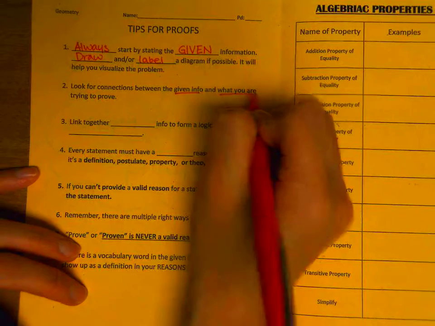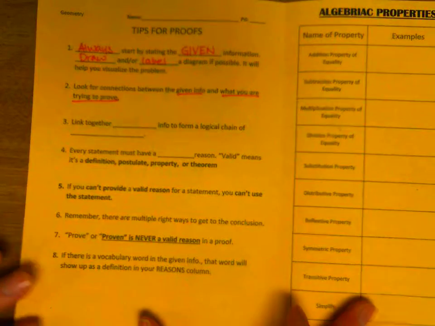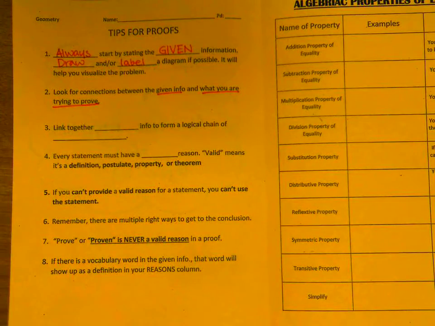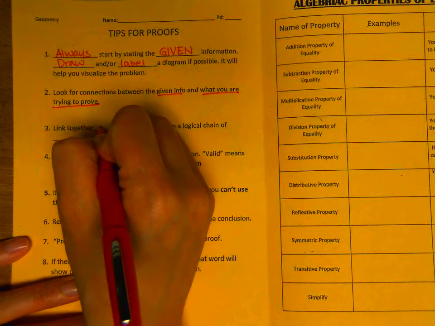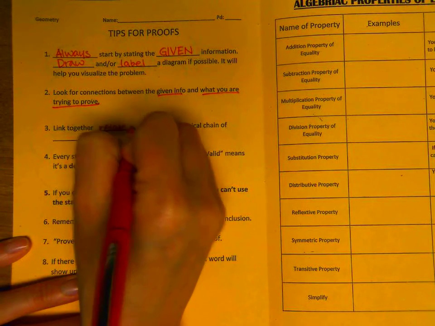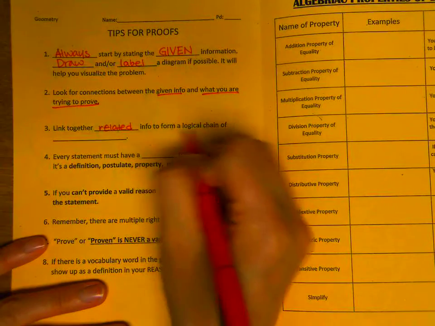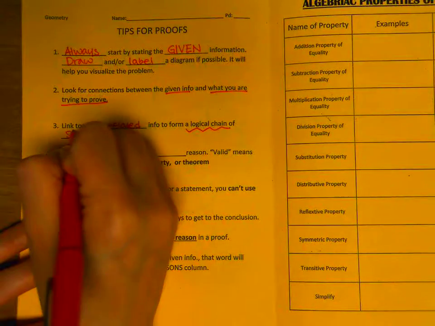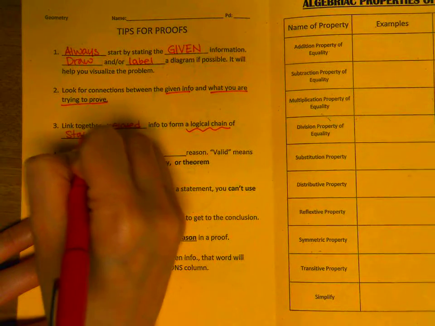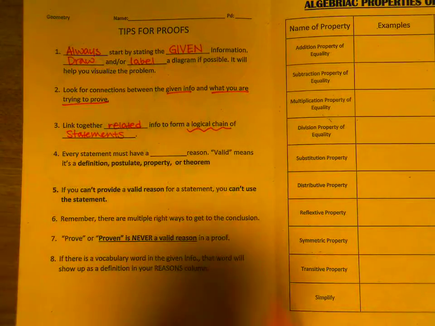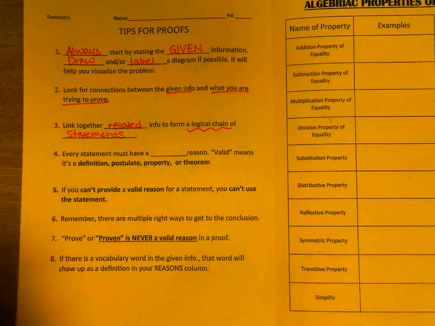Second is to look for connections between the given and what you are trying to prove. So you have to look at what we are given and how we prove it. We have to link together little pieces of information to form the logic of the statements. So statements must be in a certain order with a valid reason.